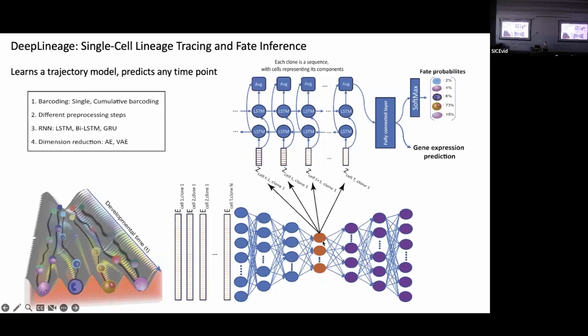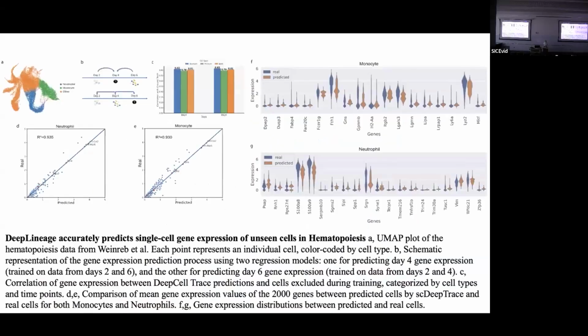And we learn that whole thing, and we use a time series-based deep learning model, a recurrent neural network, to understand the relationship between the time points. And so what this does is it models a time series, and once we've modeled the time series, we can predict the expression that will happen at any time, including in the future that we haven't even measured.